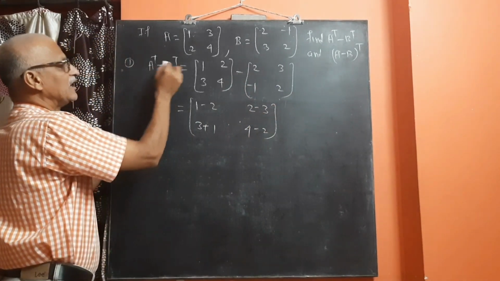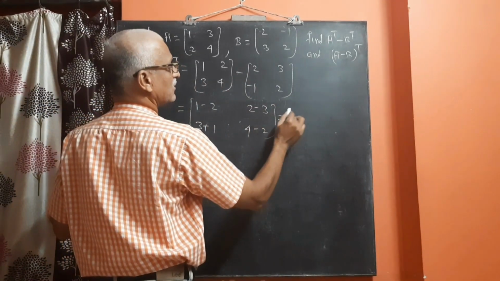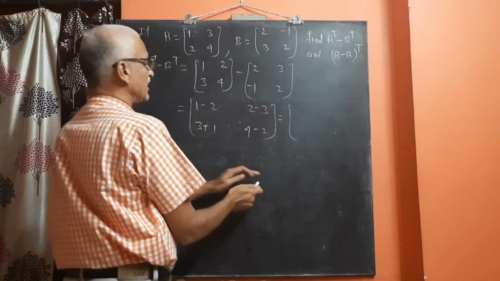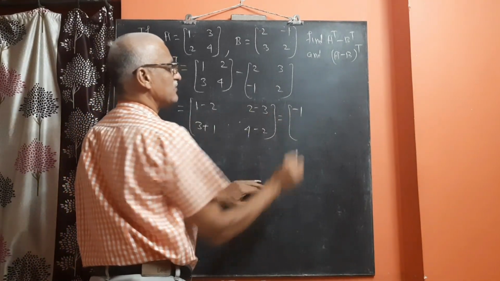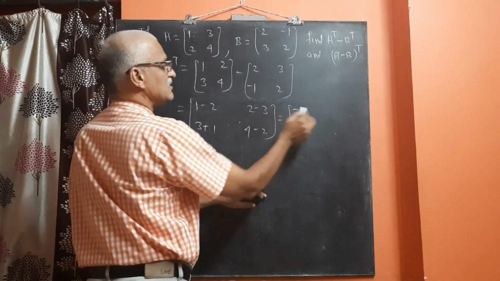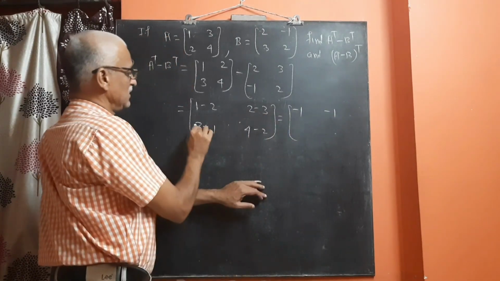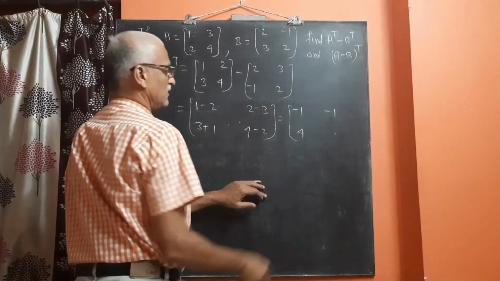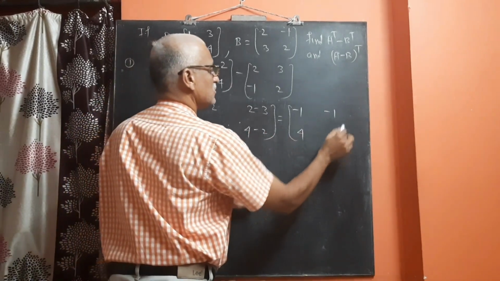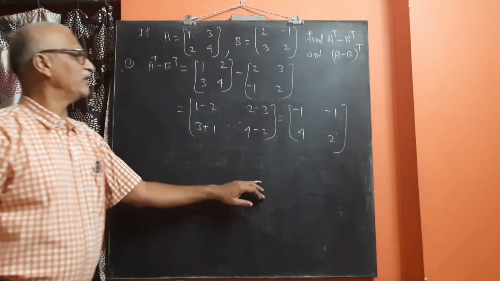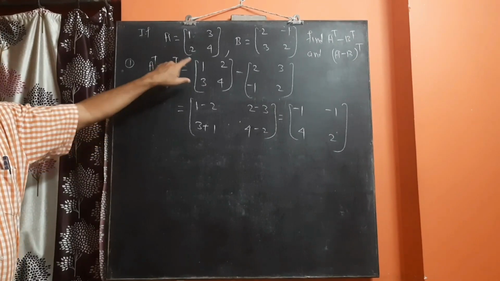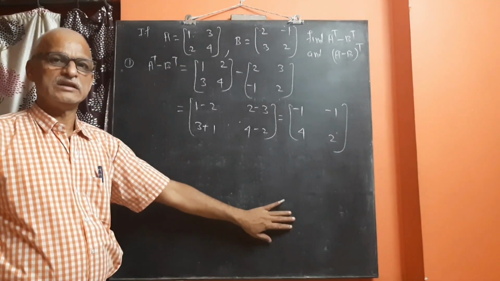So the value of A transpose minus B transpose that we have got, that is 1 minus 2, 1 minus 2 is minus 1, 2 minus 3 that is minus 1, 3 plus 1 is 4, and 4 minus 2 is 2. So that is the value of A transpose minus B transpose.